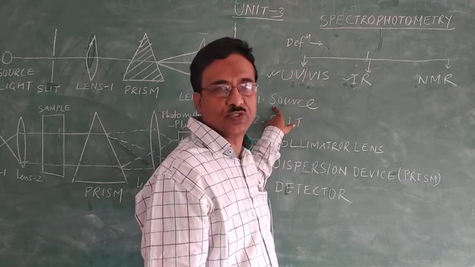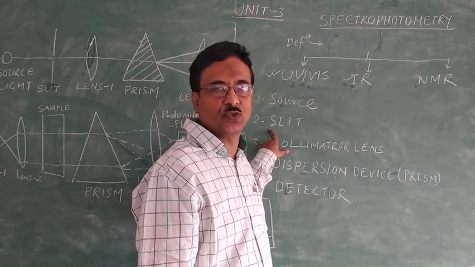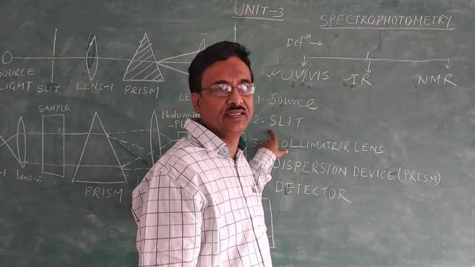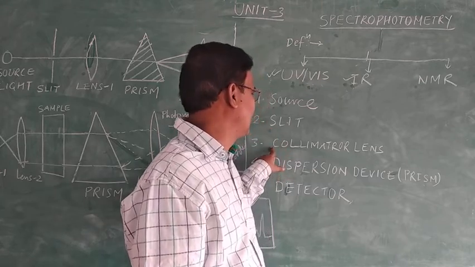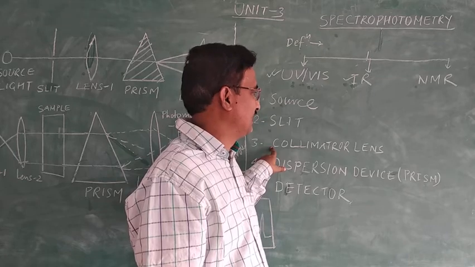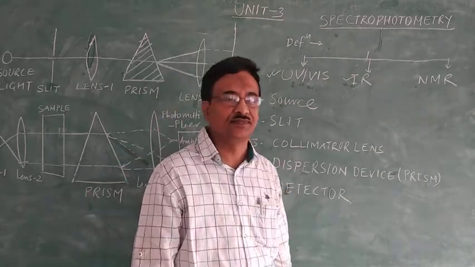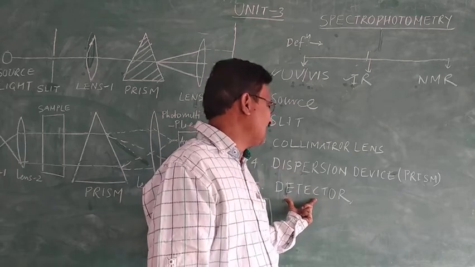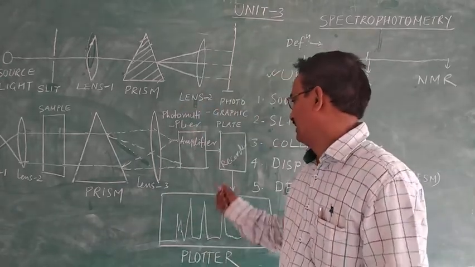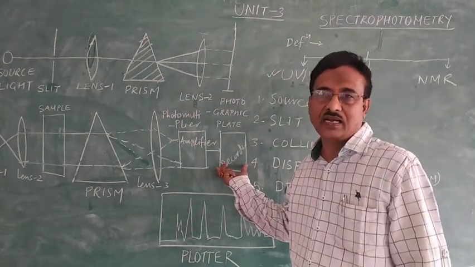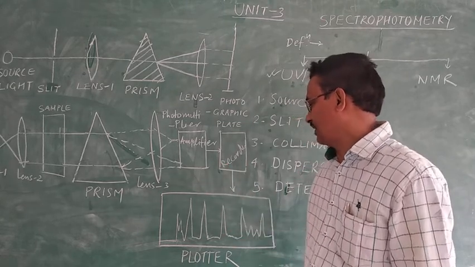One is the source of light, second is the slit through which we can pass the light, that is monochromatic light, third is the collimator lens, and fourth is the dispersion device, that is prism, and last is the detector, through which we can detect the types of unknown organic compound through the recorder.